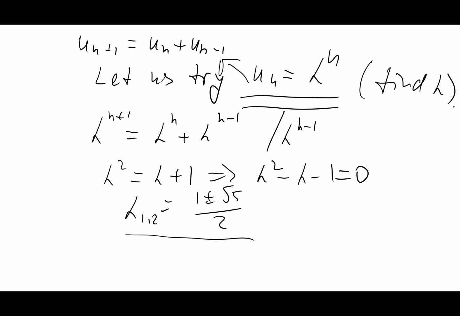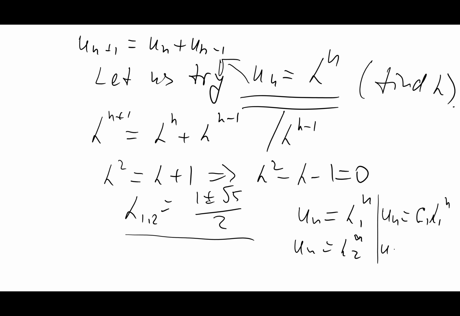So we have two roots, and generally un could be equal to lambda 1 to the power of n. It satisfies our equation, and un also could be lambda 2 to the power of n, and it also satisfies the equation. Furthermore, un equal to some constant c1 times lambda 1 to the power of n is also a solution, and un equal to c2 times lambda 2 to the power of n is also a solution.